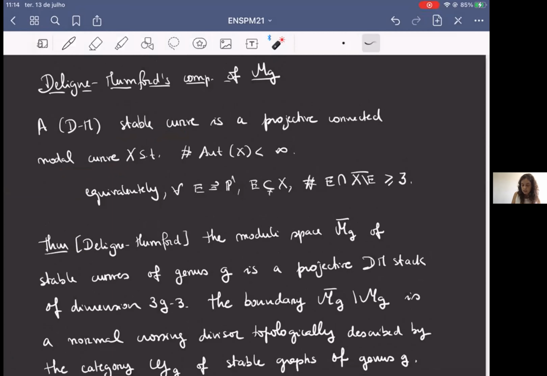And you can say this like this. You want your curves in the limit to be singular and have several irreducible components, but you don't want them to be too wild, or you want to have control over them.